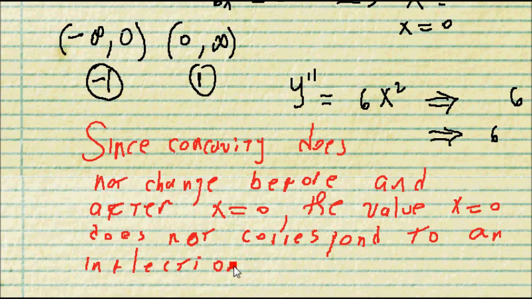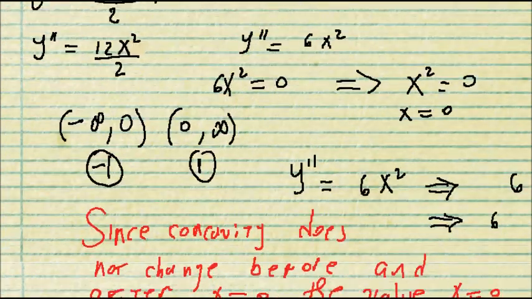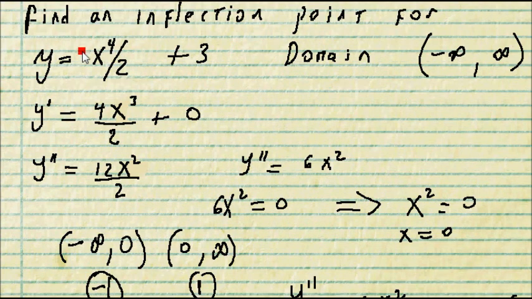Okay, so that's how we know that this function, y equals x to the 4th over 2 plus 3, does not have inflection points.